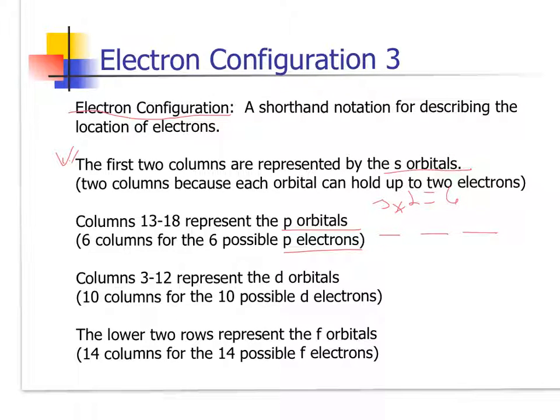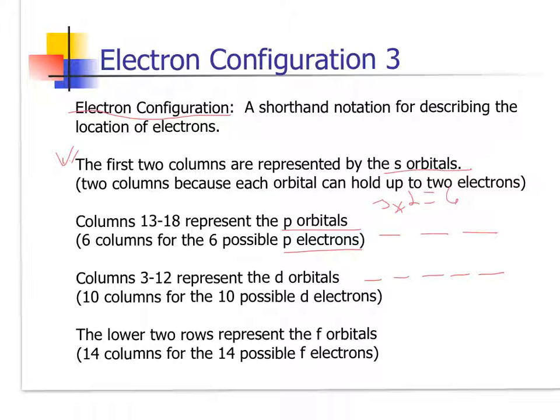And then we have our transition metals, groups 3 through 12, that represent the d orbitals. And what that gives us is 10 possible electrons. As we saw, there were 5 orbitals, 10 electrons. And so you can see each line kind of represents a number of those things.